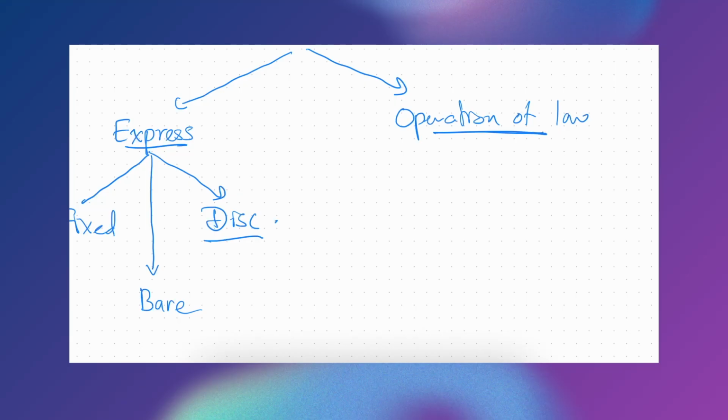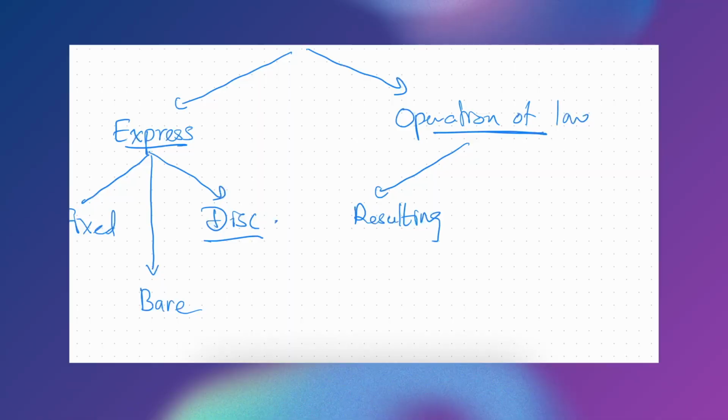Then we'll look at trusts by operation of law. Trust by operation of law has different types of trusts. Number 1, you can have resulting trusts. Resulting trusts are trusts where the trustee tries to exercise his trust obligation, but for some reason cannot do so.